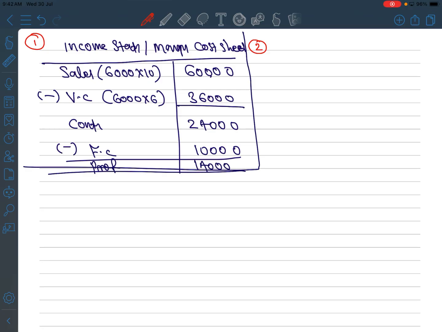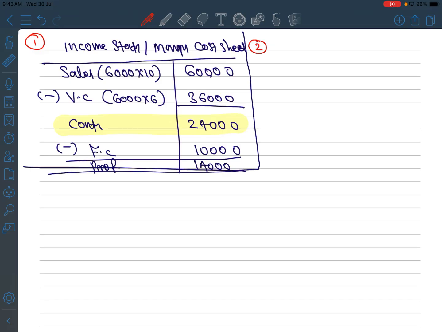Number 2, contribution. Why did they ask that? Actually, when we prepared the income statement, we got the solution for many parts of the question, which means we know now the contribution is 24,000. We can use some equation for that.